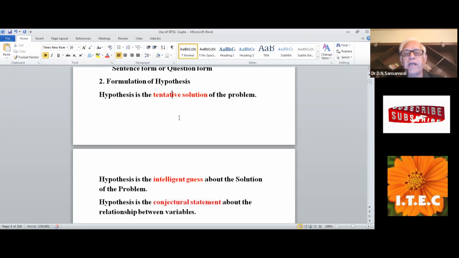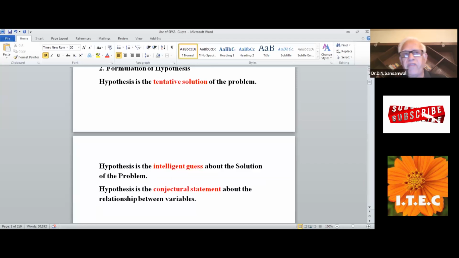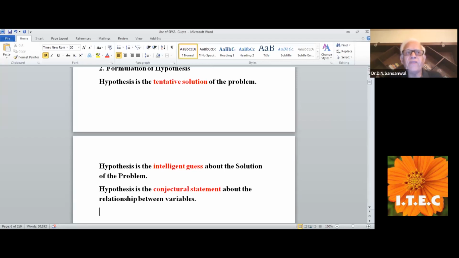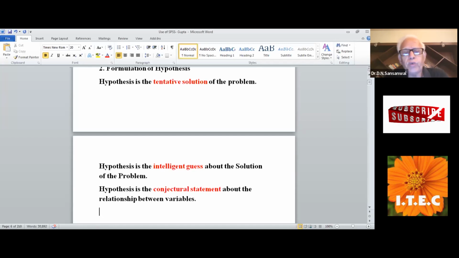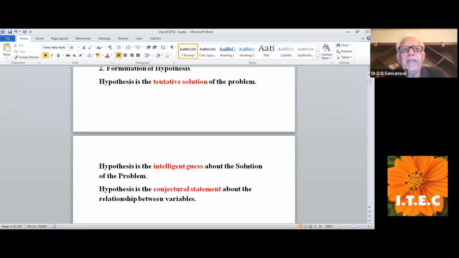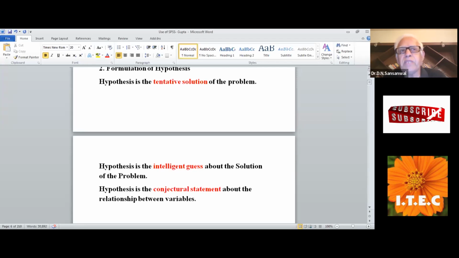Now, many times when we are not well and we go to the doctor and the doctor examines us, after examining, the doctor may tell the patient that most probably you are suffering from this problem, this disease.